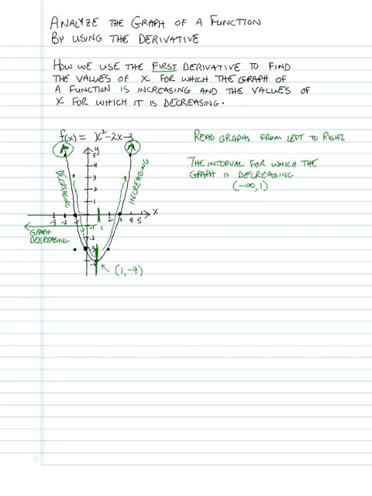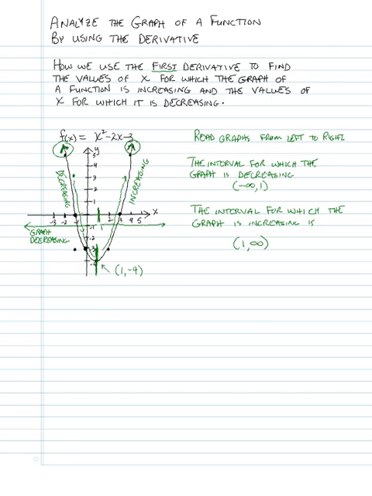Now, on the other hand, when we get past 1, that is, when we start getting our x's that are past 1, then we're talking about these x's, that's when the graph is going up, isn't it? So the interval, remember we're referring to what x values, the interval for which the graph is increasing is from 1 to the right forever, and so we say from 1 to infinity.